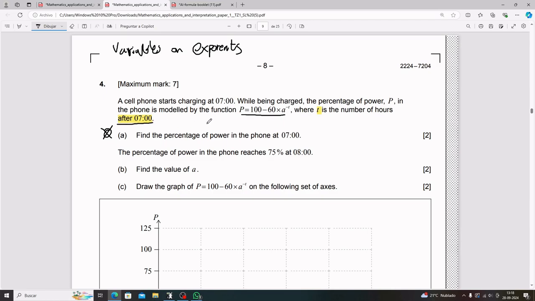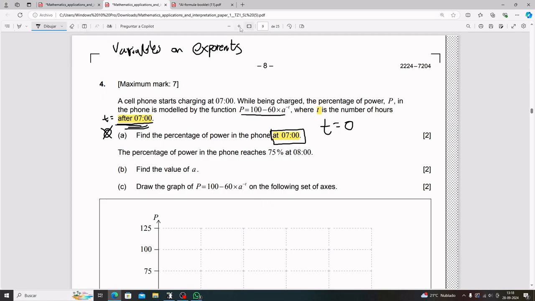If they're asking for the power at 7, and T is after 7, then if you are at 7, T has to equal 0. Makes sense, doesn't it?